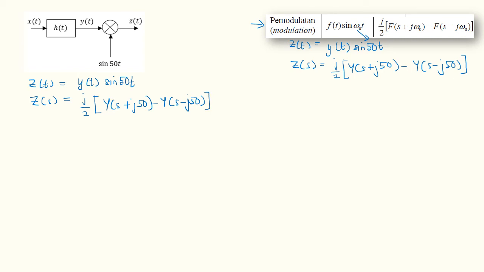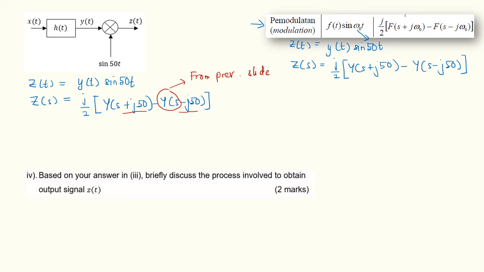Ys from the previous slide. So you need to put in your ys equation, and don't forget the s for the y must be added by g 50 and also deducted by g 50. Okay, so please derive the equation by including ys that you have derived from earlier question.